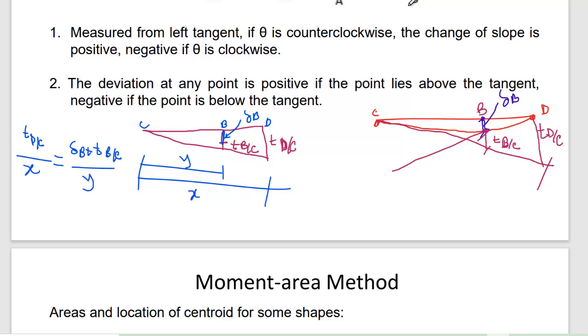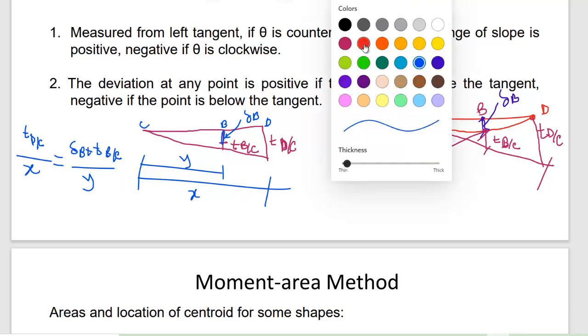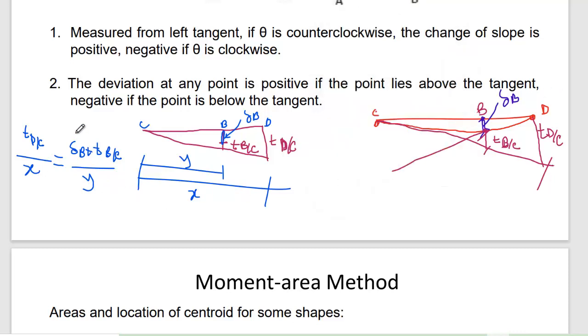So now have a look. You know every single detail except del B, right? You don't know what is del B, but you can calculate T d by C. You already know x, you already know y, and you can also calculate T b by C. So what is the unknown here?